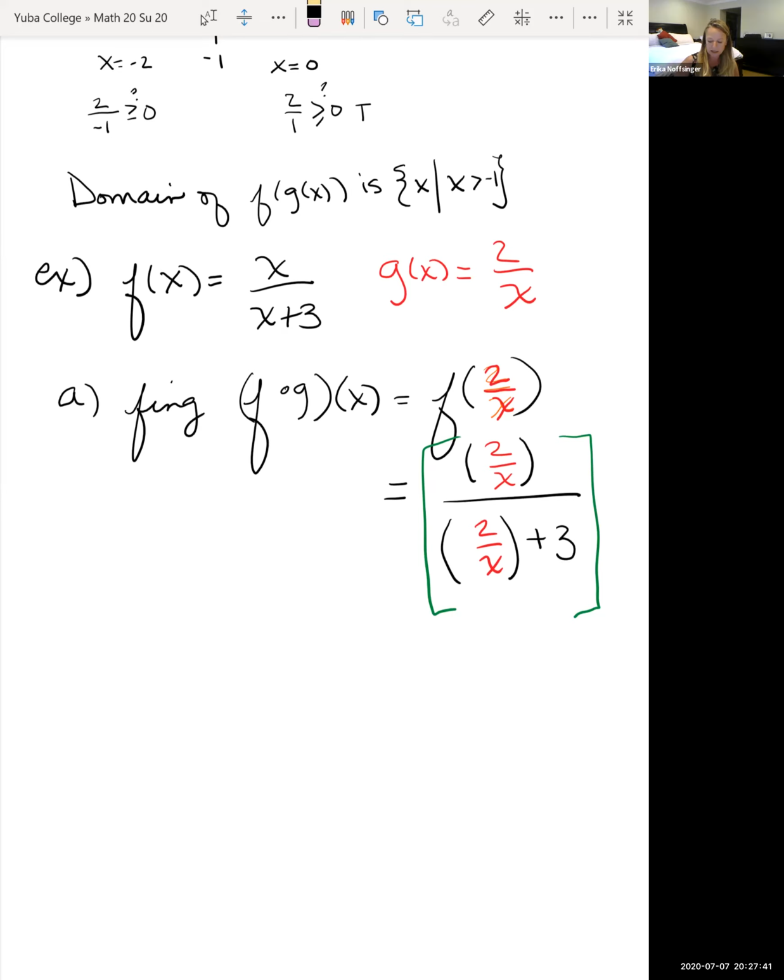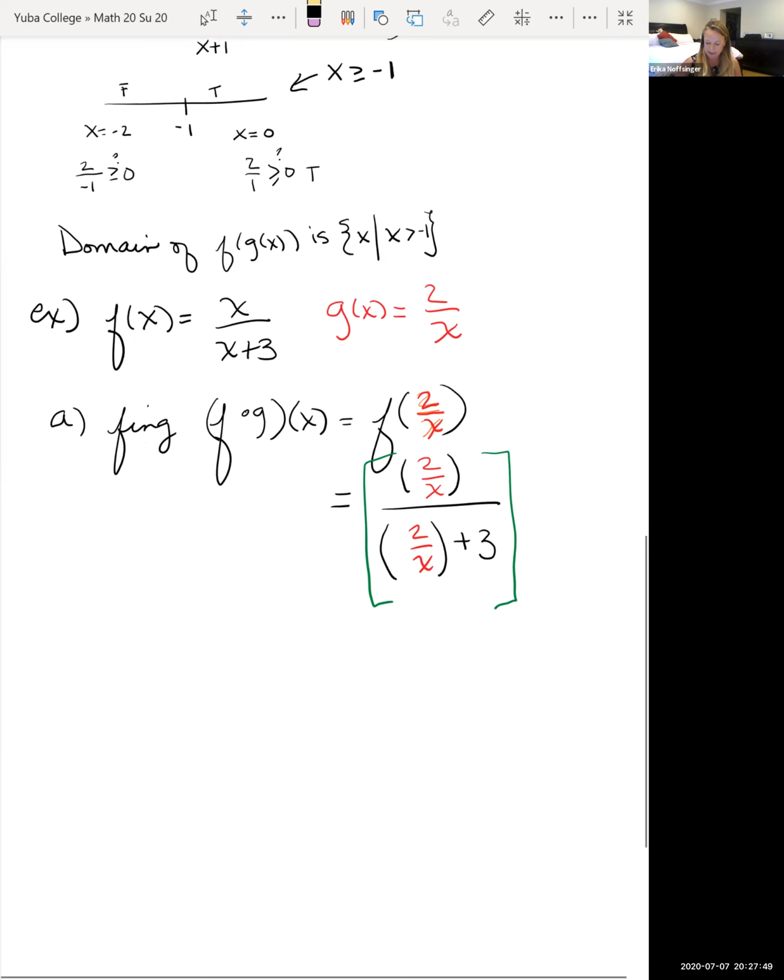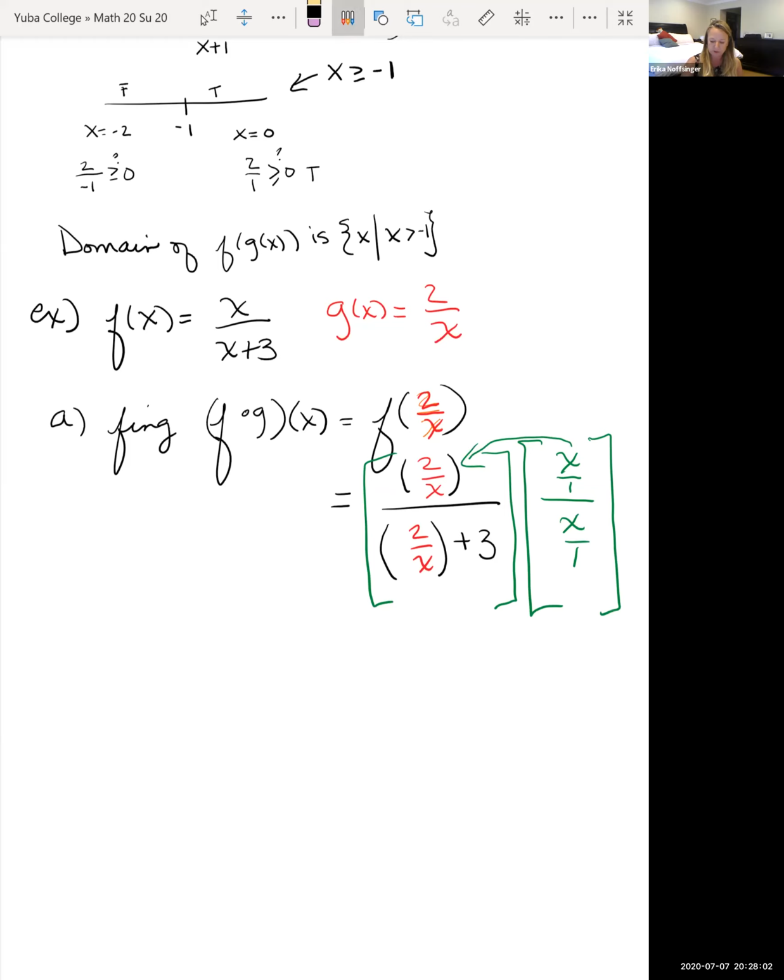The other way is to look at your common denominator of all the fractions within, which is just x, and multiply by a fancy one by your LCD so that that goes away when you distribute. So you can think of it as x over 1 if that helps you. So when we distribute x over 1 to 2 over x, you're just left with the 2.